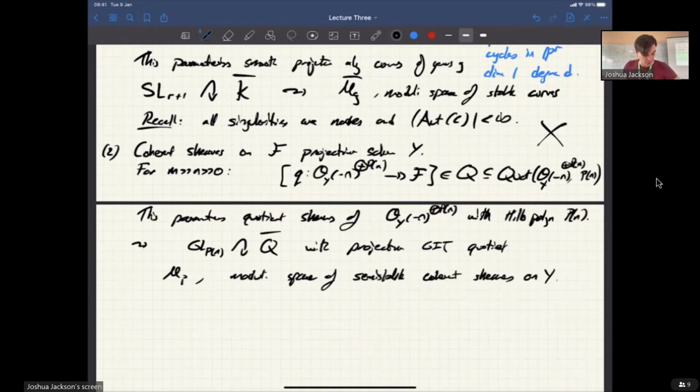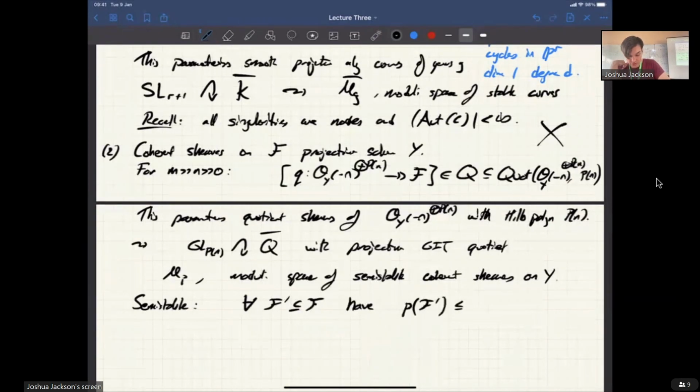Okay, so what does semi-stable mean? Semi-stable means that for all subsheaves F' of F, we have little p of F' is less than or equal to little p of F, where little p is the reduced Hilbert polynomial. That's where you take the Hilbert polynomial and normalize by the leading coefficient.